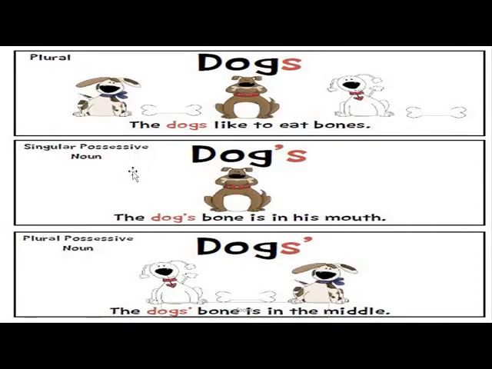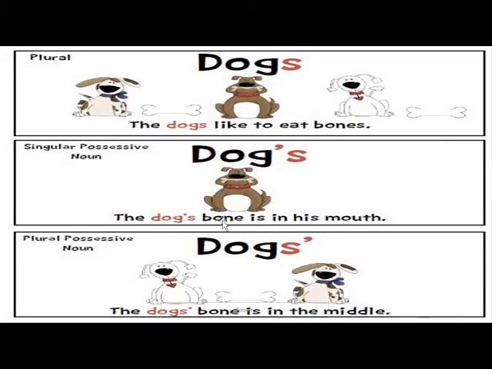When I want to use the possessive form, it means to use the apostrophe, and I want to talk about one dog, I will add the apostrophe up, and after the apostrophe I will add S. Then the sentence will be: the dog's bone is in his mouth.